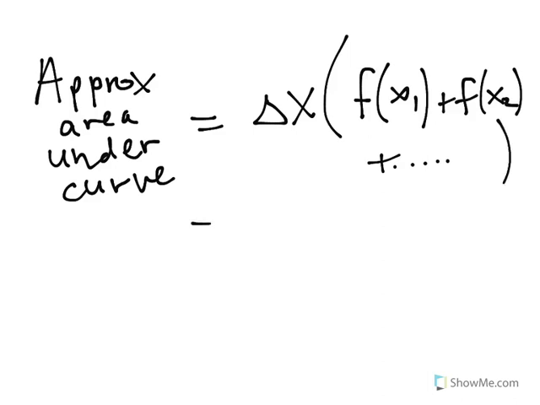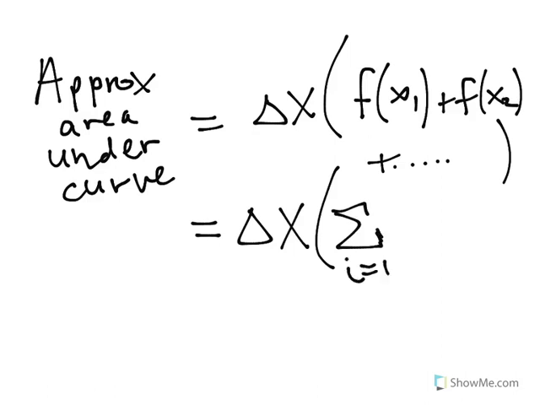And so just to write it in a better way, let me write it like this. You can take delta x times, if you remember this notation, the summation from i equals 1, wherever you want to start as a first x value, and go up to n. n is how many rectangles you want. And basically this is saying take f of xi.